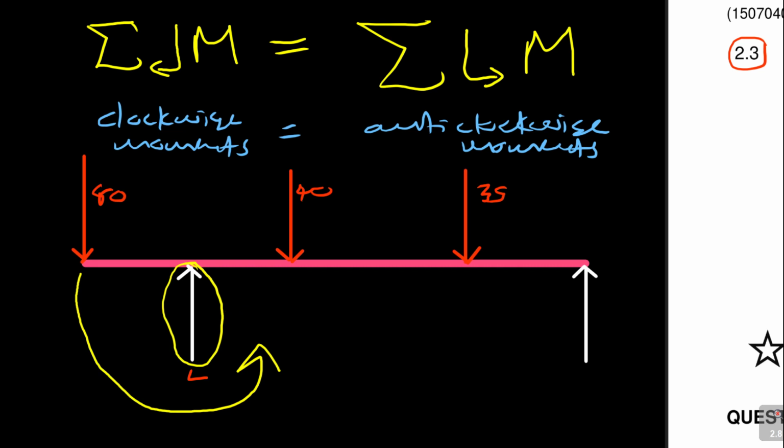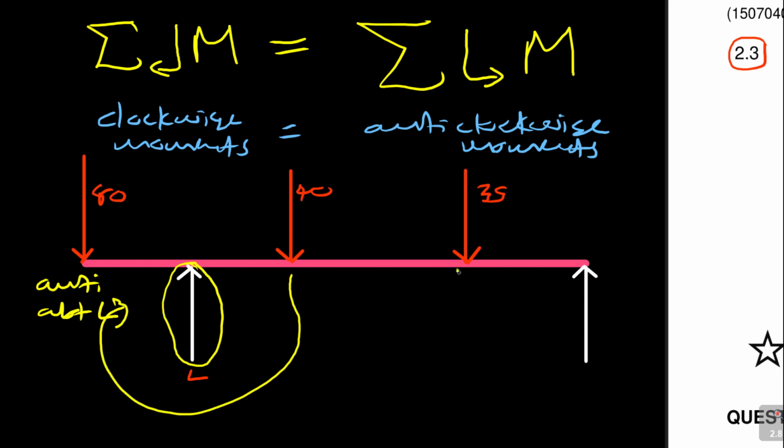This force is anti-clockwise. This one is anti-clockwise about L. You see? And then let's go to the next one. Look at this one about L. Do you see what it does? Even this one, do you see what it does? What is it doing? It is doing clockwise. Are you seeing that? So these two are clockwise.